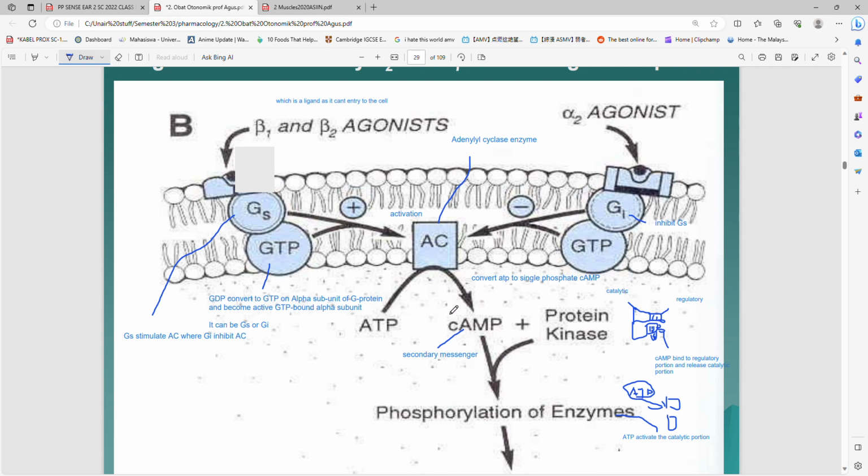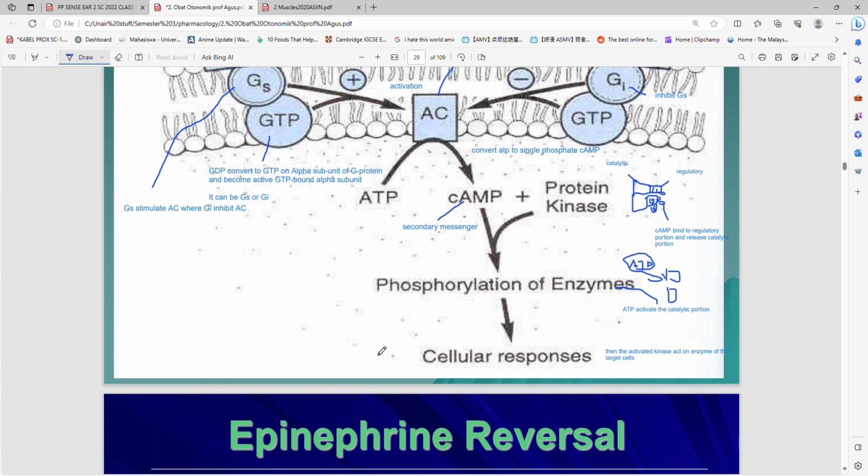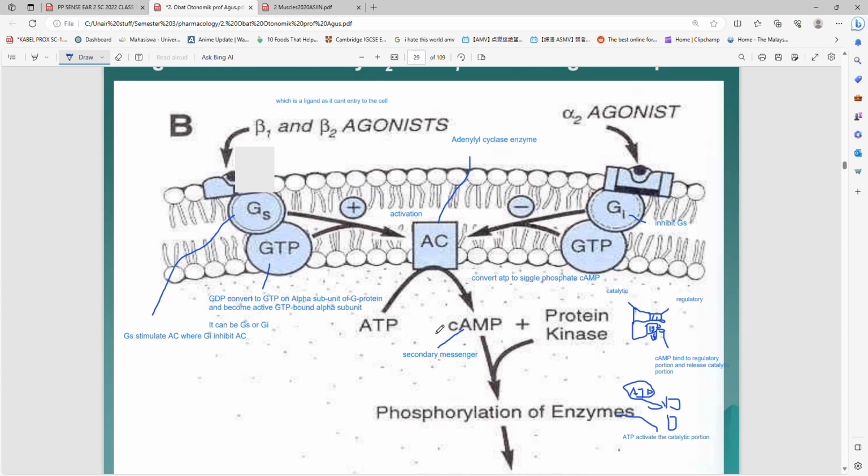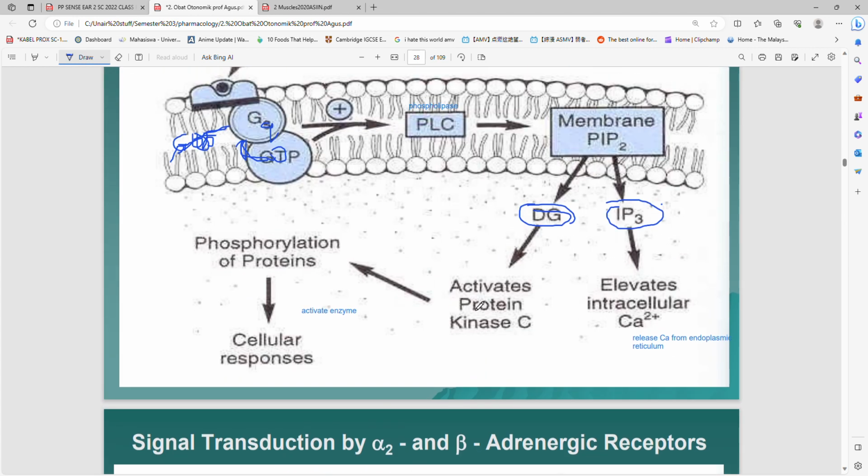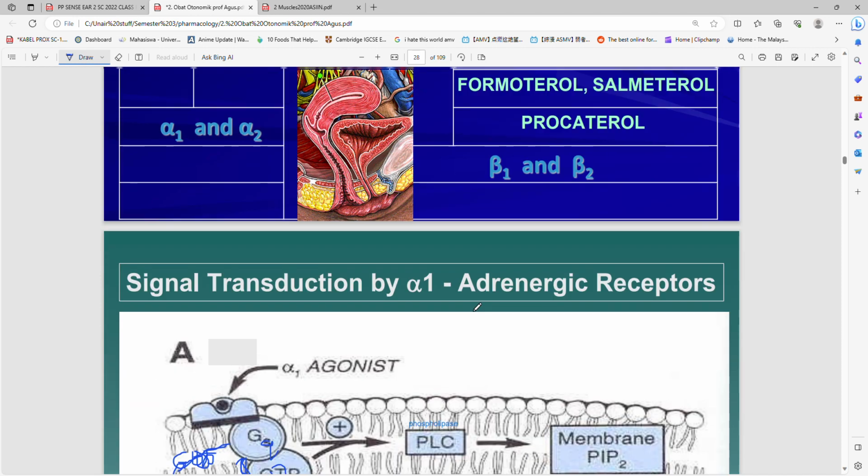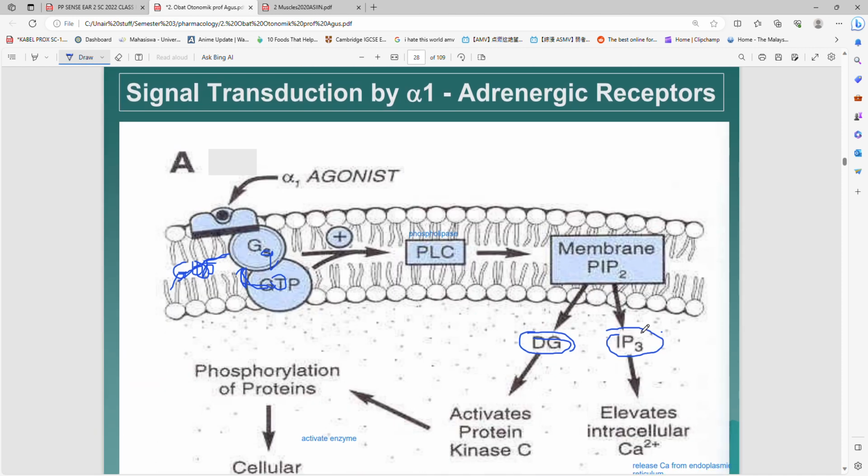There is no activation of the protein kinase, there is no phosphorylation of enzymes, so as a result there is no cell response. So this is the overall view of the G protein-coupled receptors in terms of pharmacodynamics.